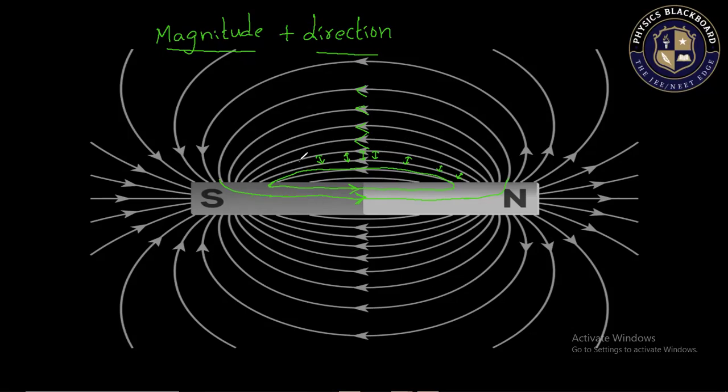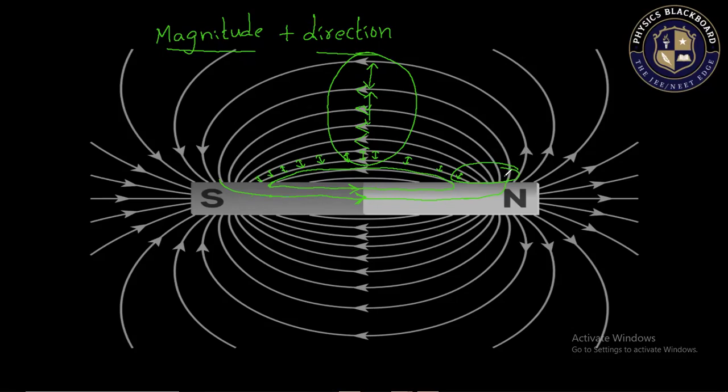But when you are moving towards the poles, they are coming closer, right? The degree of closeness is more near the poles. But here at the center of this magnet, the degree of closeness of these lines is less. They are very far apart.